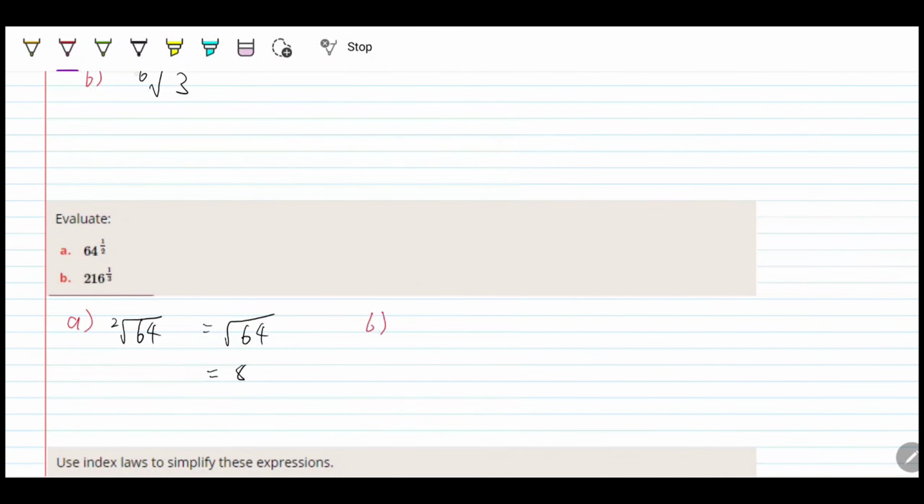For B, this is asking you 216 to the power of 1 over 3. So that's the same as saying 3 times the surd of 216, or in other words, what number times itself 3 times will give us 216? The answer for that will be 6. So to check that, 6 times 6 will give me 36. 36 times 6 again will give me 216.